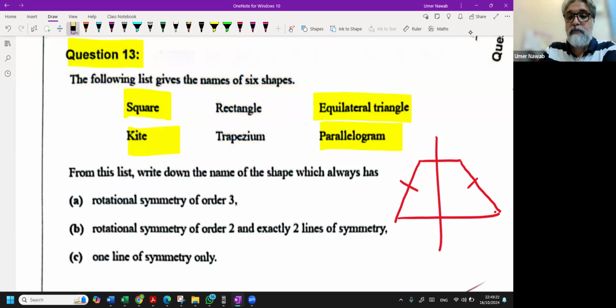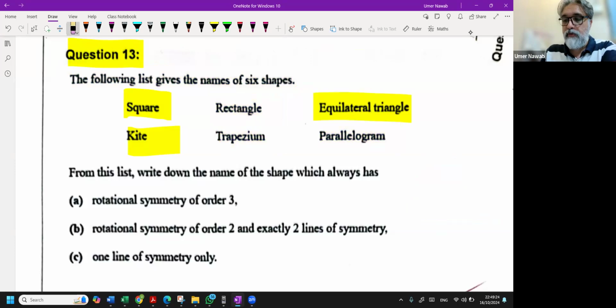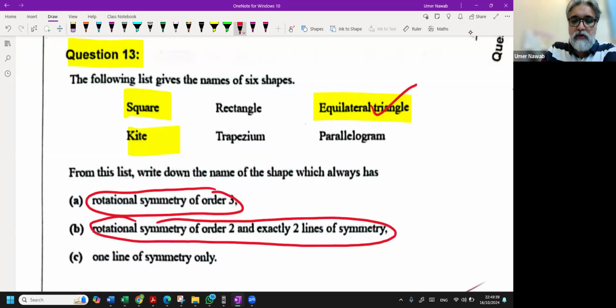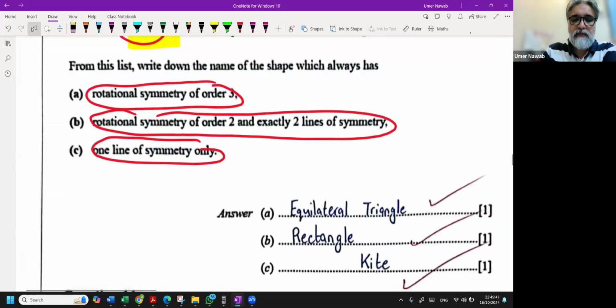So generally speaking, we talked about the symmetries for these 6 shapes. So he said, can you name a rotational symmetry of order 3, that is equilateral triangle, the rotational symmetry of order 2, and exactly 2 lines of symmetry? So can I say, guys, it's a rectangle, 1 line of symmetry only, and that is a kite.